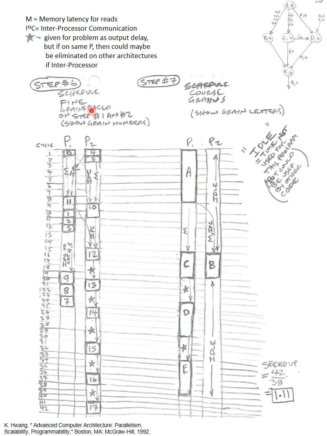And so we have here M equals memory latency for read, IPC equals interprocessor communication. Star is given for the problem as an output delay, but if on the same processor, it could maybe be eliminated with other architectures of interprocessor communication. Okay, so you can see in these gaps what's going on: memory, IPC, the stars, idle time.